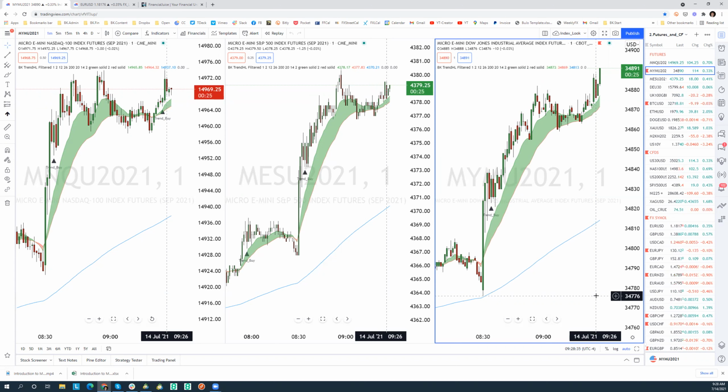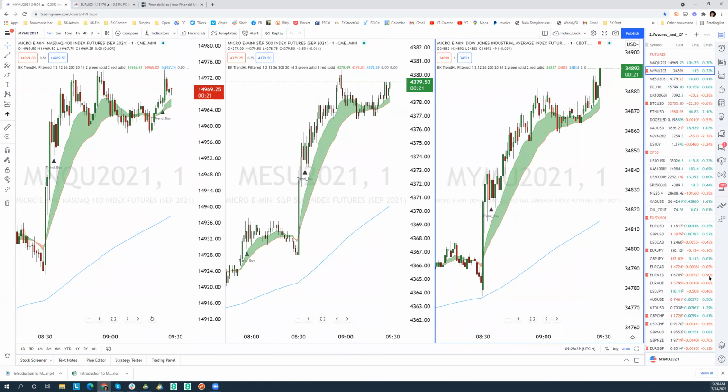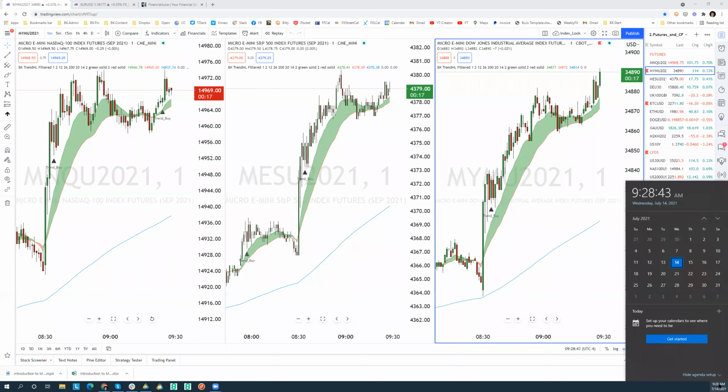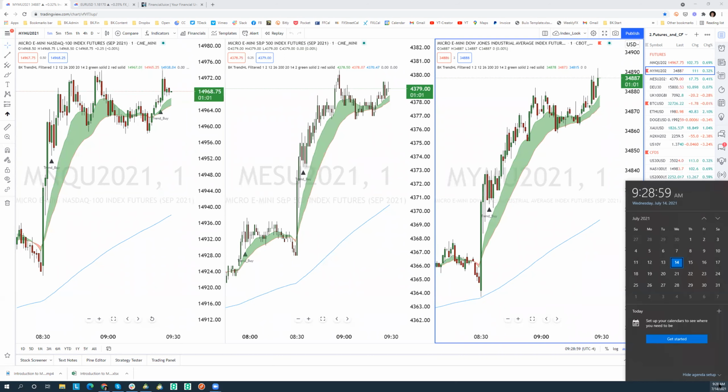All right, we are still two minutes away, still putzing around. Everybody's really overstretched to the upside, but that doesn't mean anything. It may be all the way till 10 o'clock before we get a signal. And remember, I really want to cut away to the Bank of Canada statement just to see what the market does.